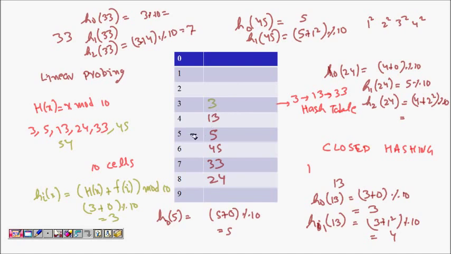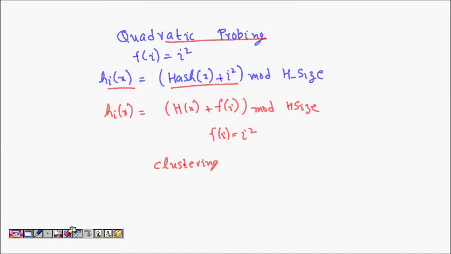So if we put 33 at 3, it will occupy the next cell, 43 will occupy the next cell after 2 collisions, and so on. So it was not that good. But quadratic probing makes a lot of holes and fills the hash table, so there will be fewer collisions. So this is quadratic probing. I hope you understand this. Thanks a lot.